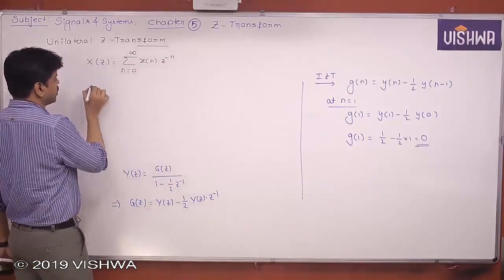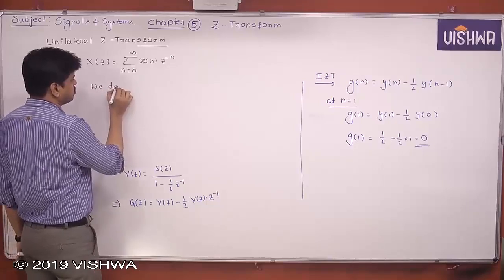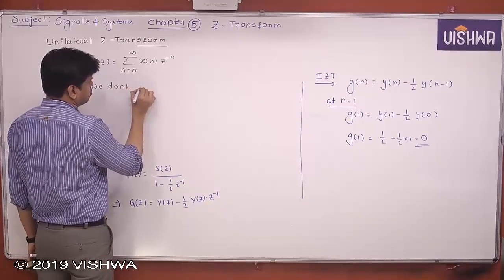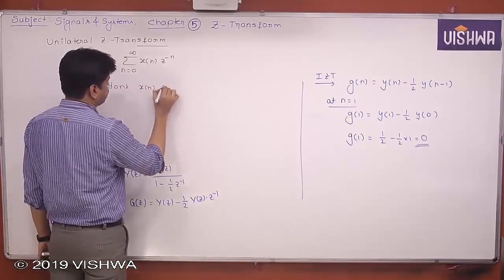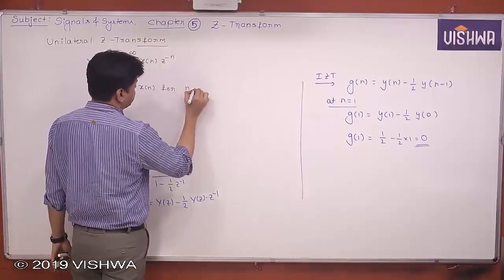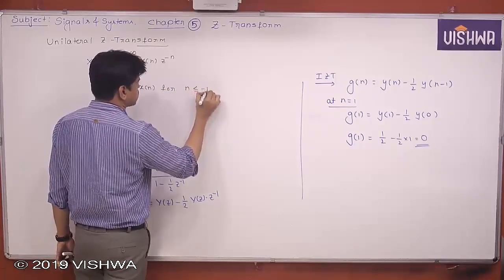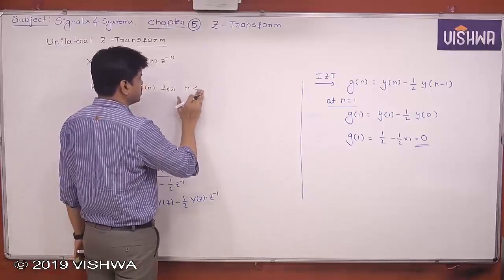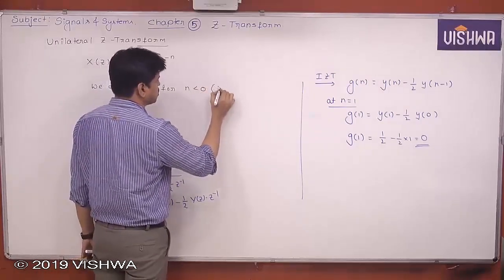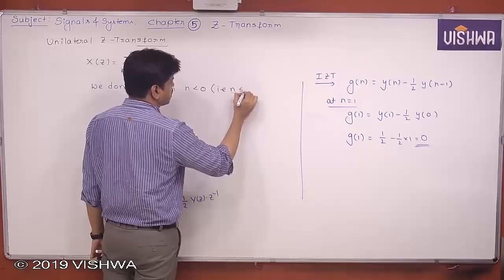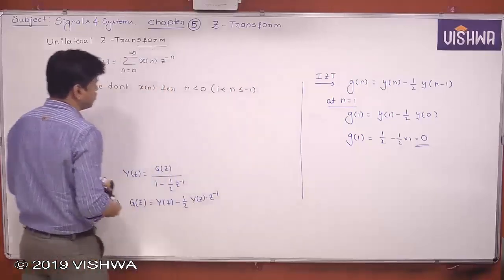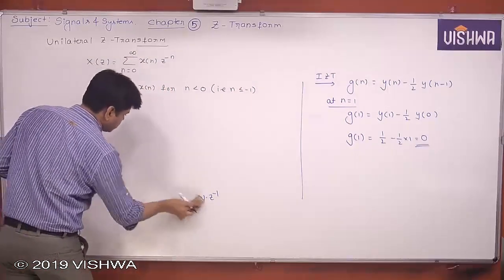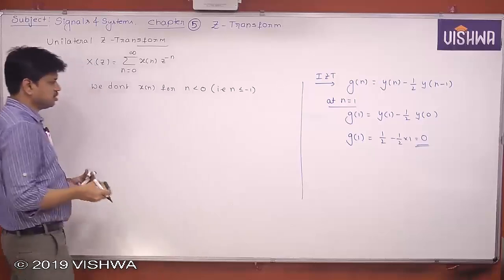So we don't consider x of n for n less than or equal to minus 1. So n less than 0, that is n less than or equal to minus 1. For them we don't have to consider. So based on this we don't have any question, but still let's see.